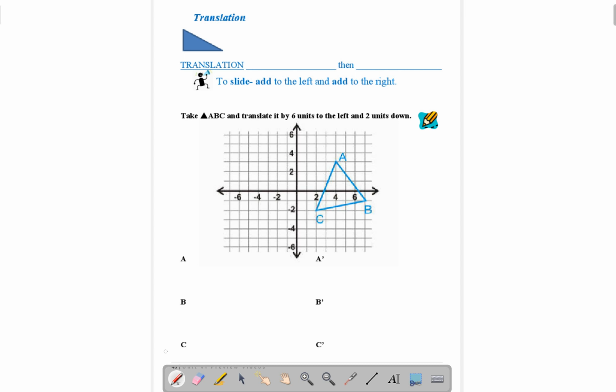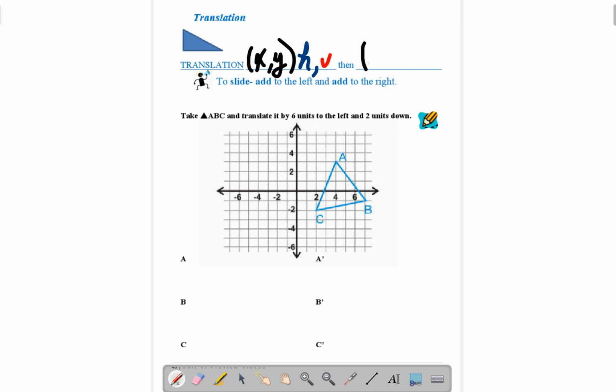Translation. So I'm going to give you the official equation, and then I'll give you the slang version. If you have an XY and you translate by a horizontal and vertical motion, we're going to call it an H for horizontal and V for vertical.